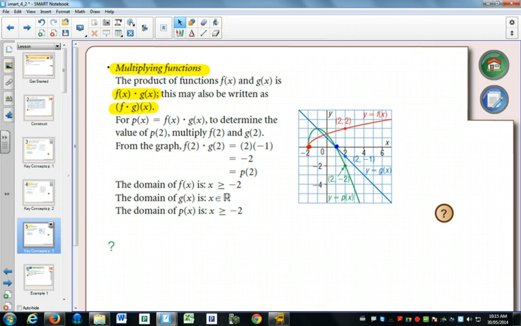Things are also easy whenever the red graph or the blue graph is equal to 1, because when you multiply by 1, you notice that the green graph is exactly the same place where the other function is, because multiplying by 1 won't change that value.